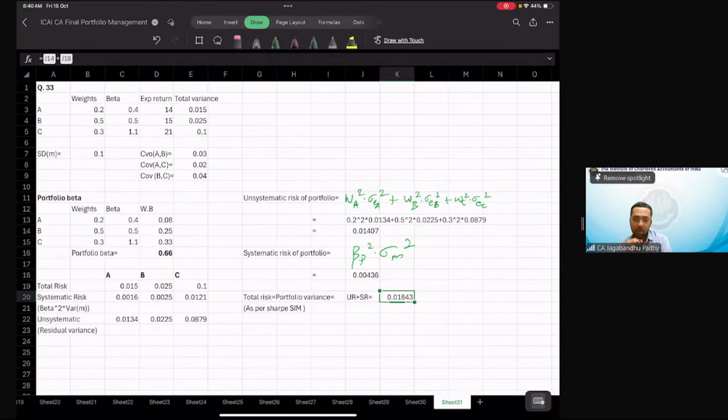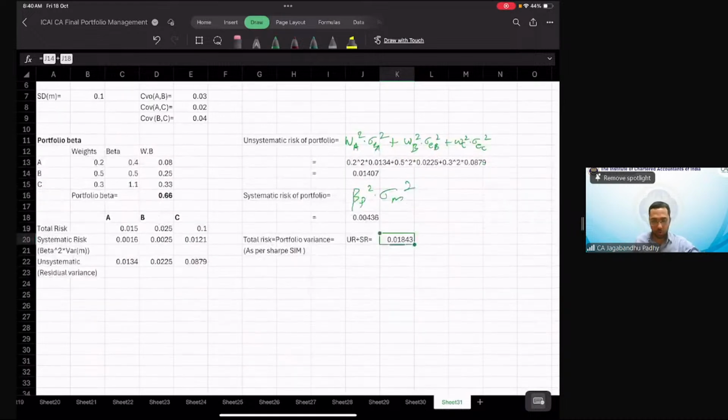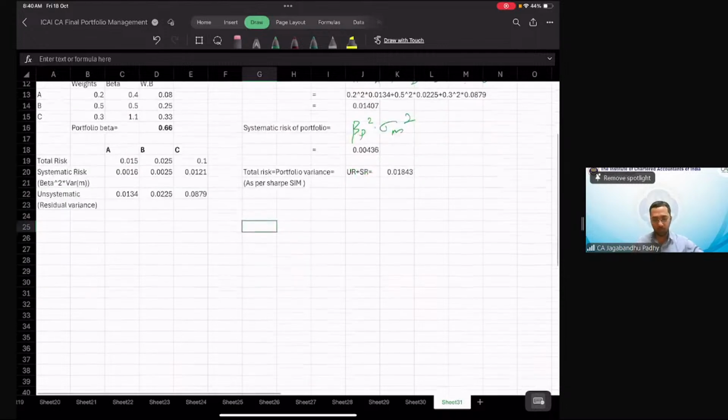Okay. Now, total risk as per Markowitz model. How do we get the total risk or variance as per Markowitz?